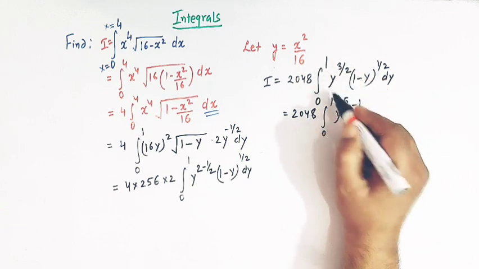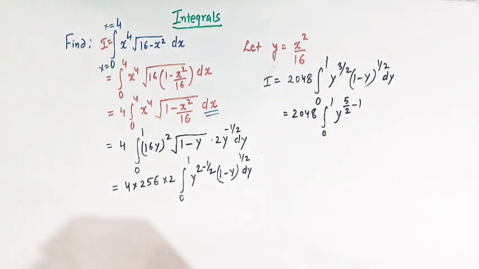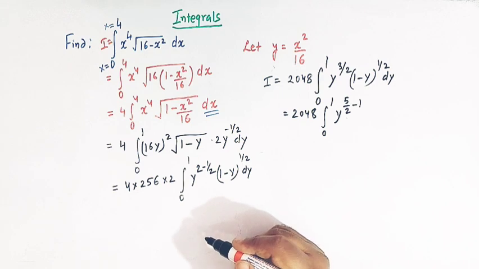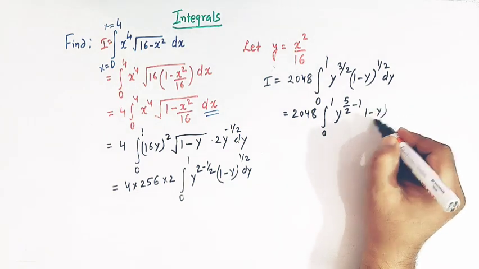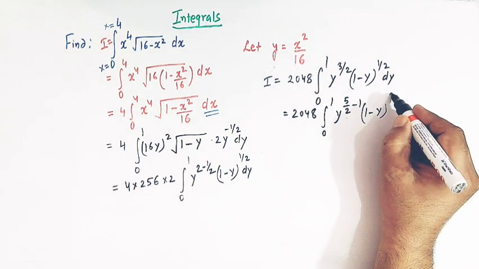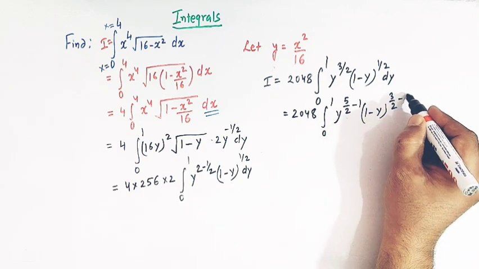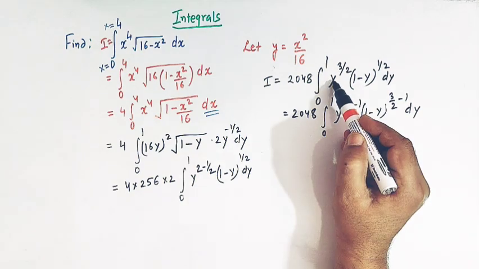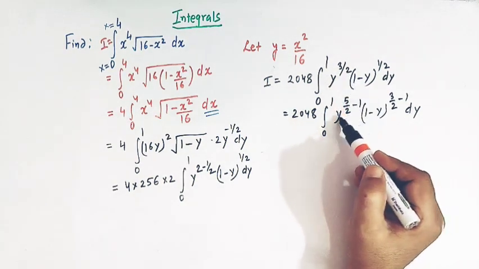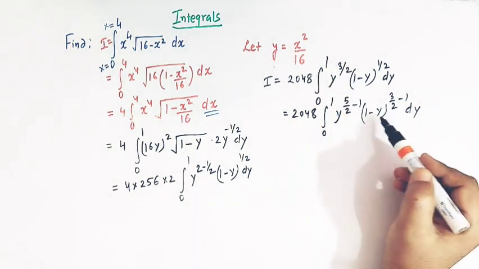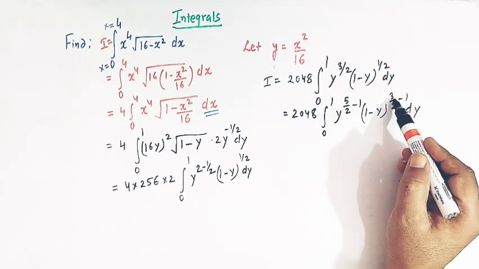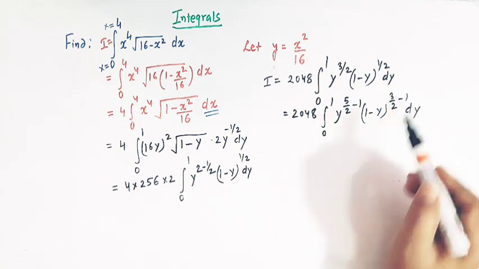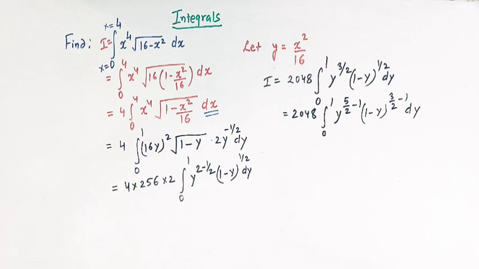In order to convert this integral into the beta integral. And here we have 1 minus y raised to 3 by 2 minus 1. So now we have written y raised to 3 by 2 as y raised to 5 by 2 minus 1, and half as 3 by 2 minus 1.